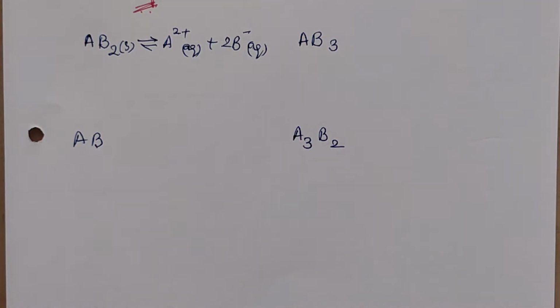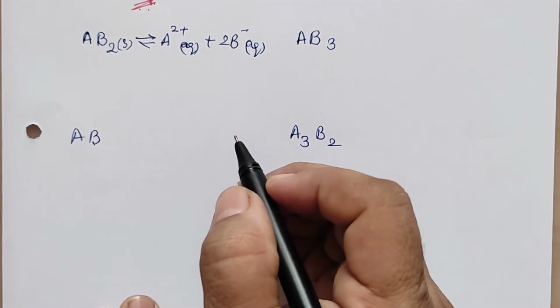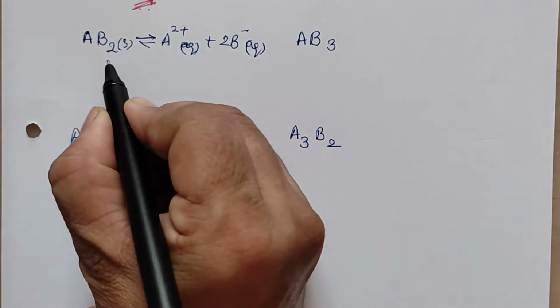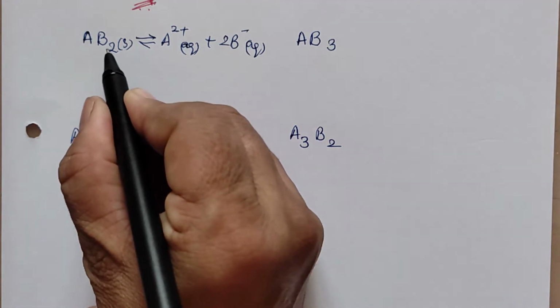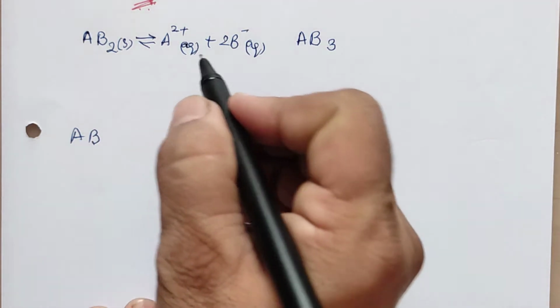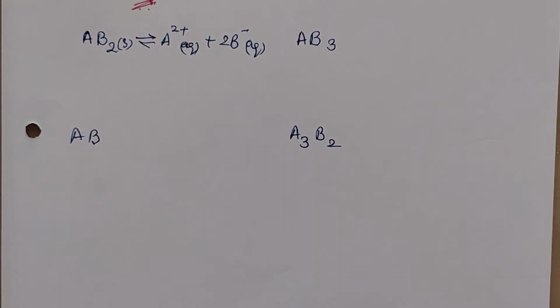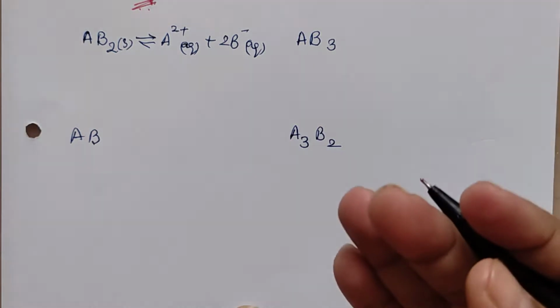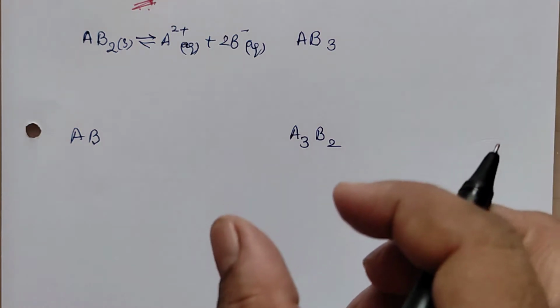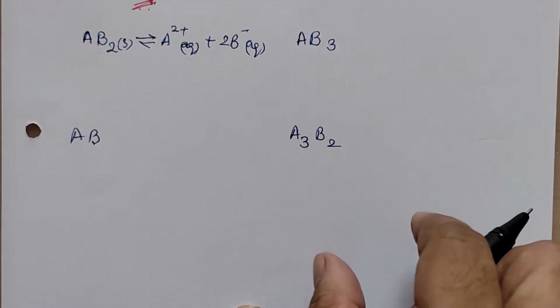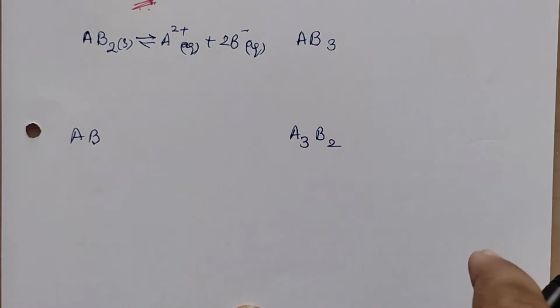Now let us derive a formula for KSP with reference to the solubility. Here we are defining solubility in terms of how many moles are getting dissolved, that is moles per liter. If you remember, in the previous solution chapter, we studied that solubility is how many grams you are able to dissolve in 100 grams of the solvent at a specific temperature.